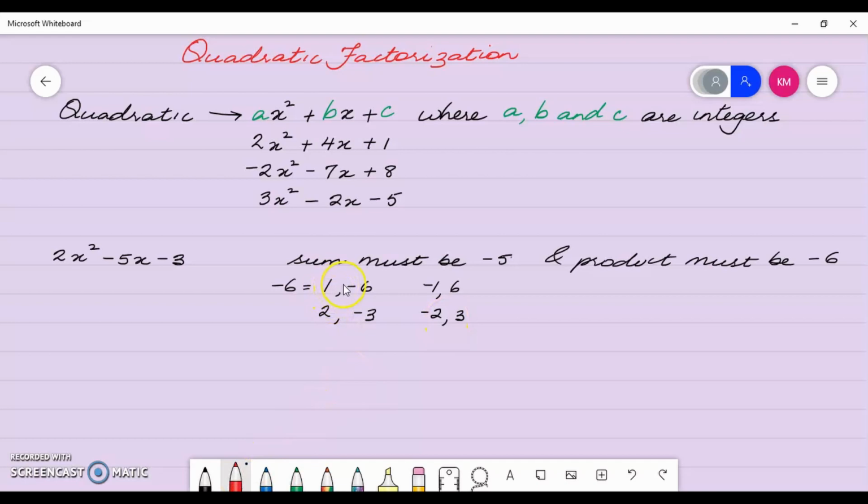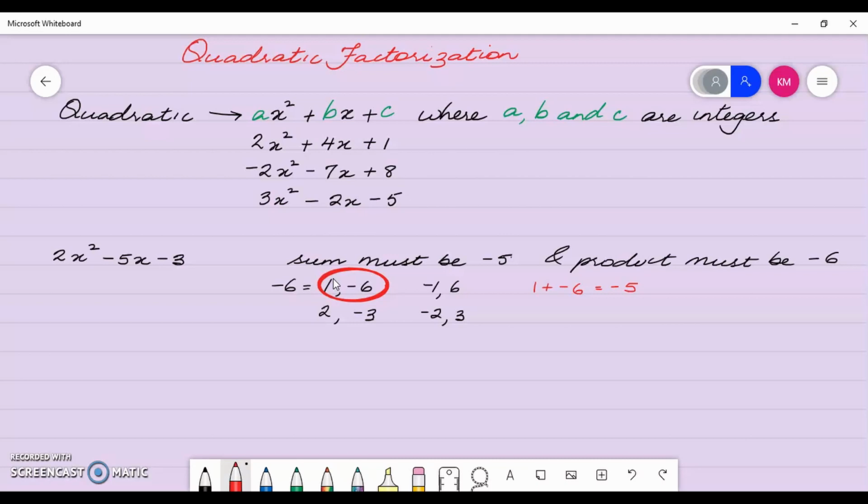Now that we have our pairs such that their product is -6, we can choose which pair when added gives -5. So I'm going to choose this pair here. 1 plus -6 is going to give me -5.